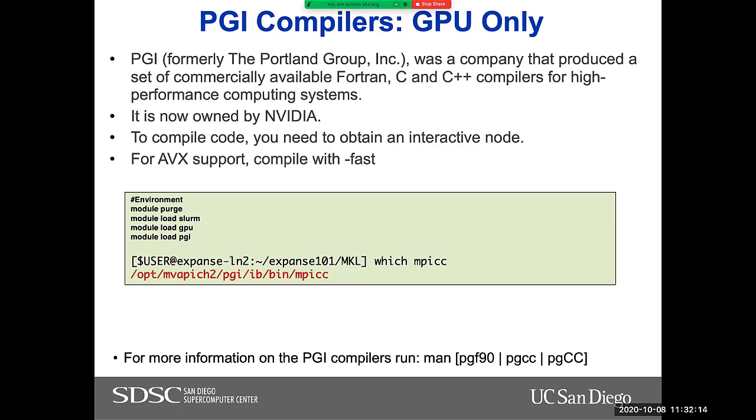Remember, PGI was bought by NVIDIA, and so we're only supporting that down on the GPUs. So to compile, you have to first get an interactive node and then load the right module and then compile and then exit the interactive node if you don't plan to run your code. I have an example for that down below. So you want to make sure you've got the right environment and that you have the right MPICC version.